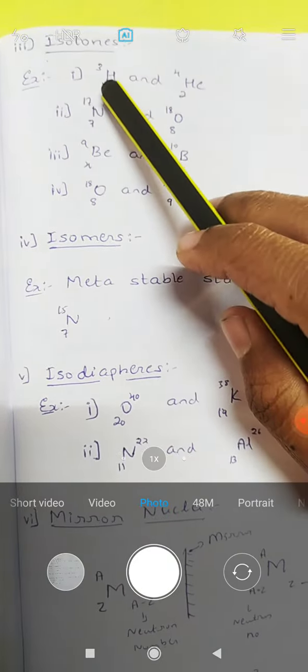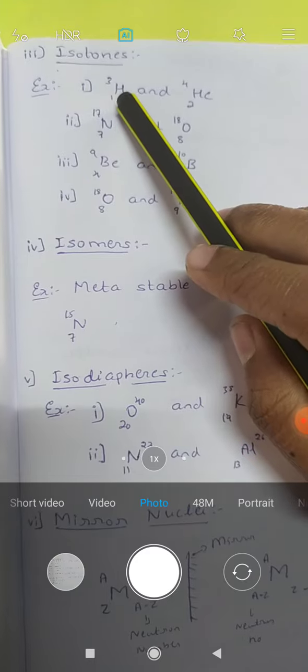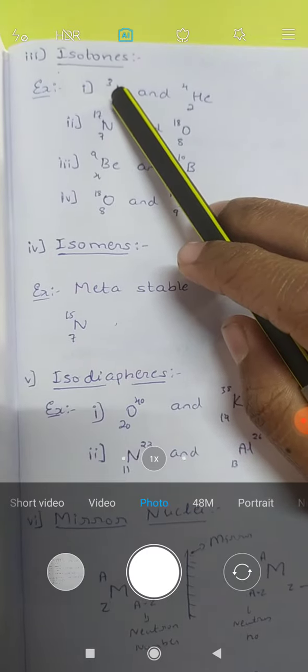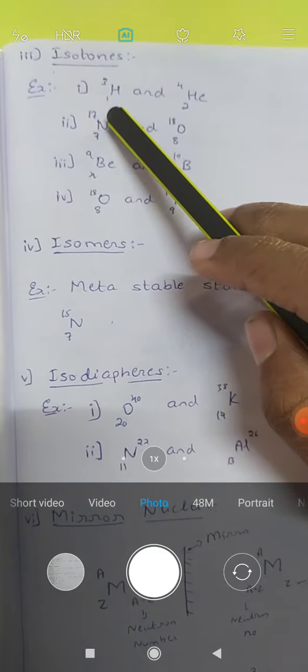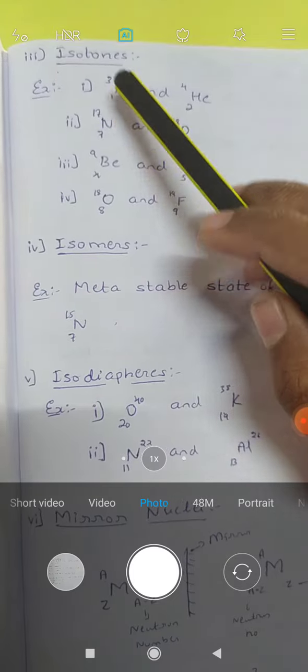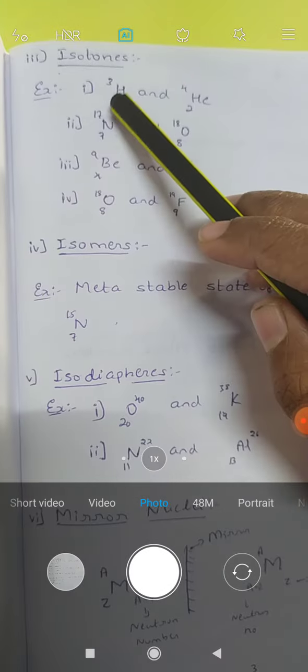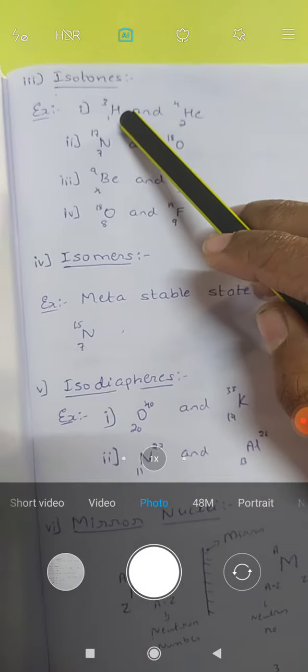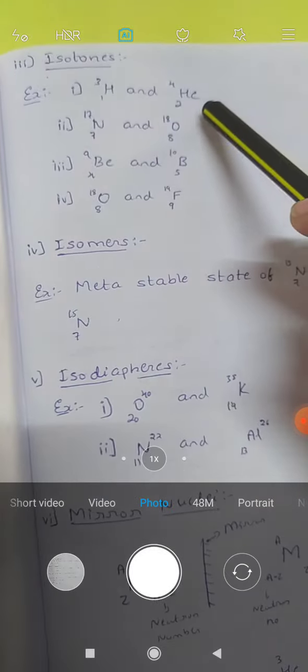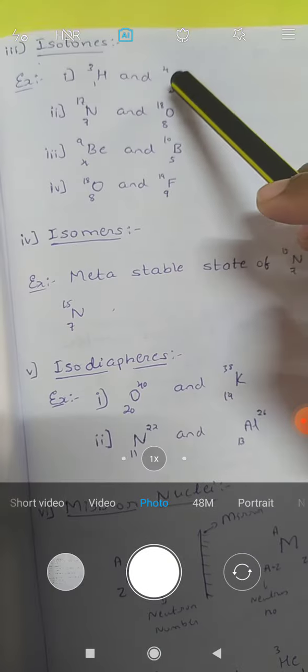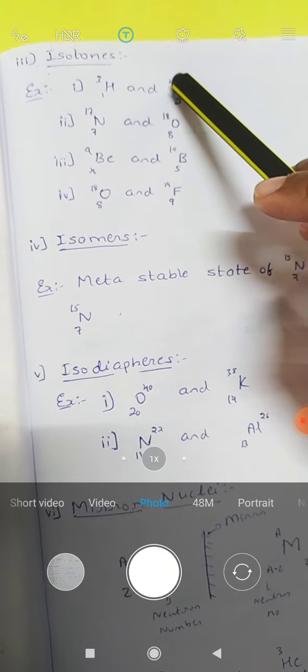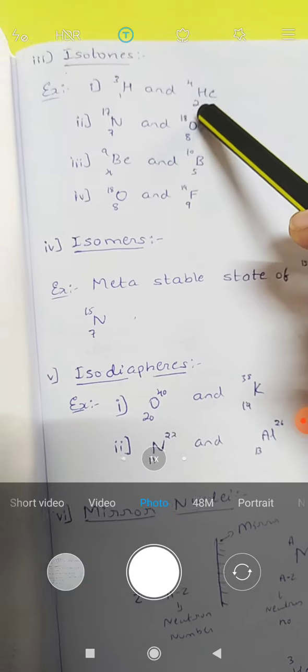Here in the first example, the mass number A is equal to 3, and Z is equal to 1. A minus Z, that means 3 minus 1 is equal to 2. That is, the hydrogen atom consists of 2 neutrons. In case of helium, the mass number is 4 with atomic number 2.